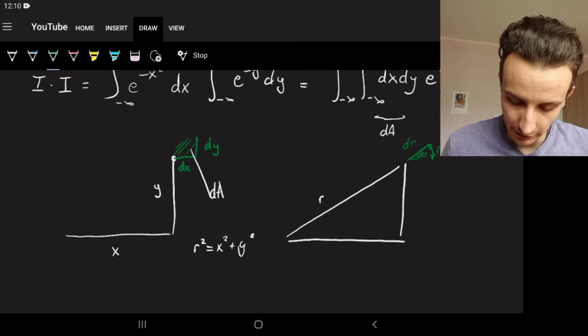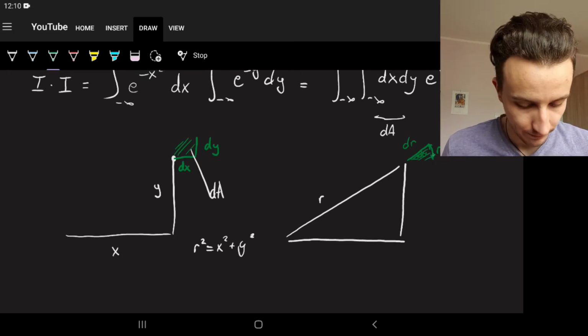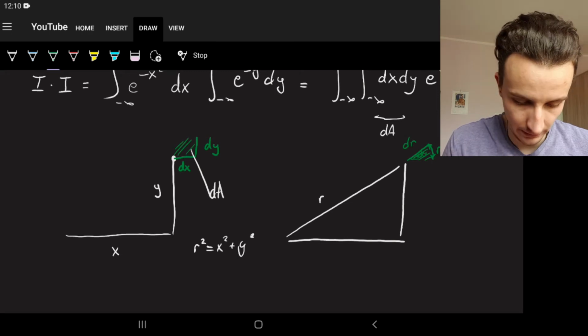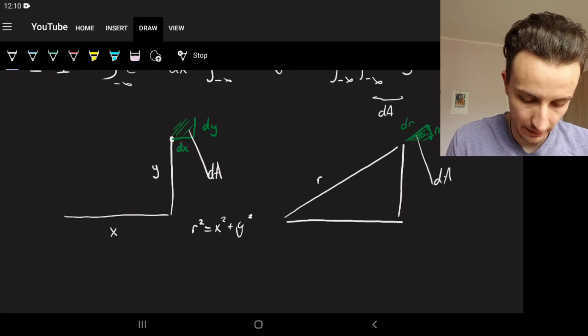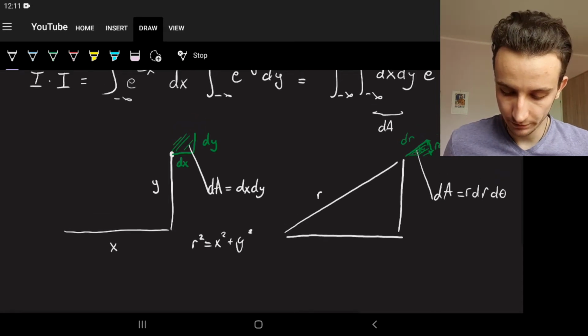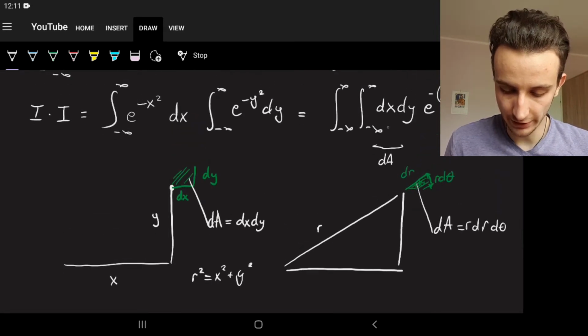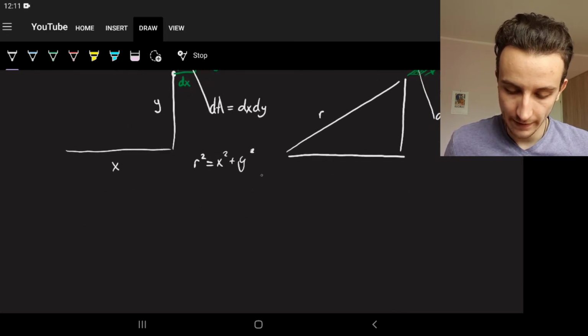So this area element here is our dA. Here it's dx dy, and here it's dr times r times d theta. Okay, so that means that we know how to change our dx dy, and we also know that this is our x squared plus y squared.